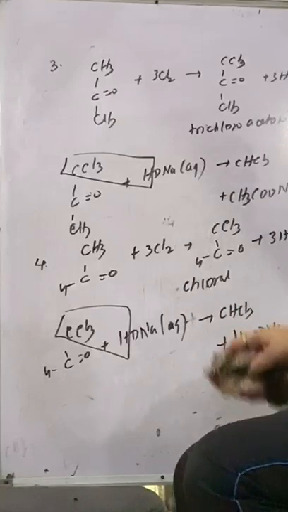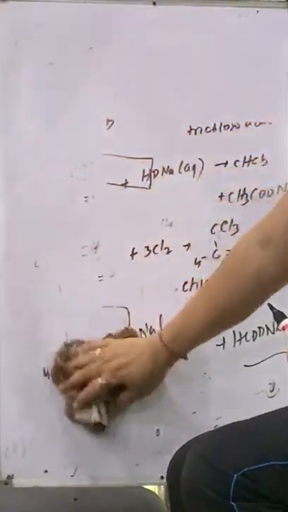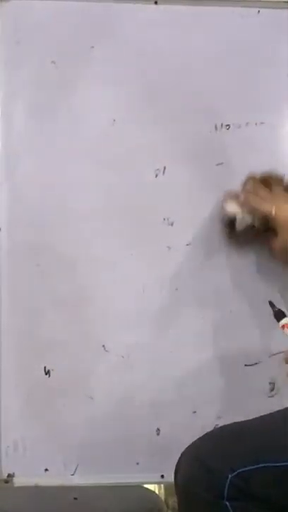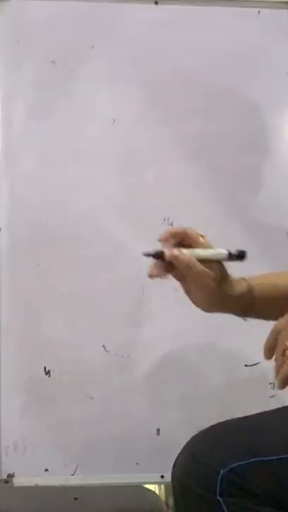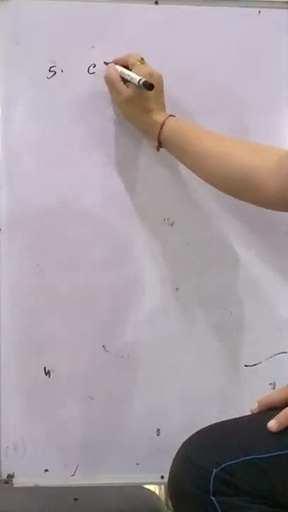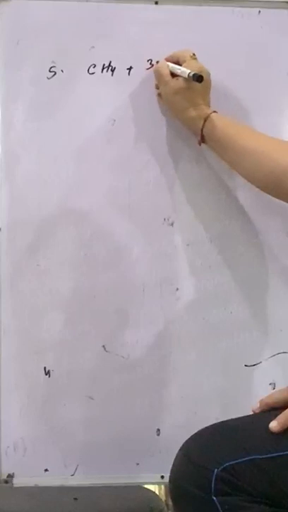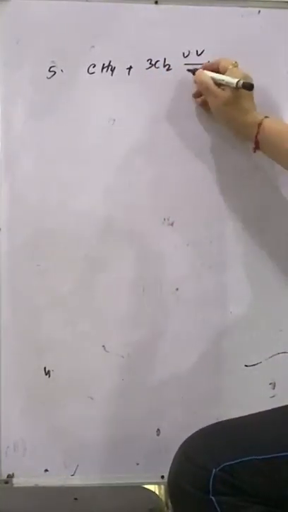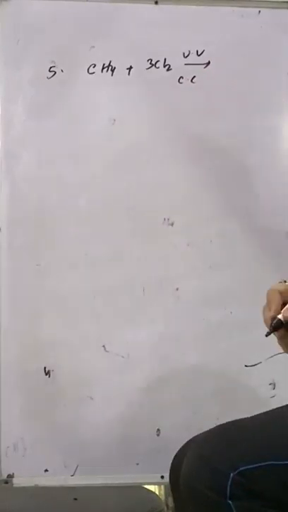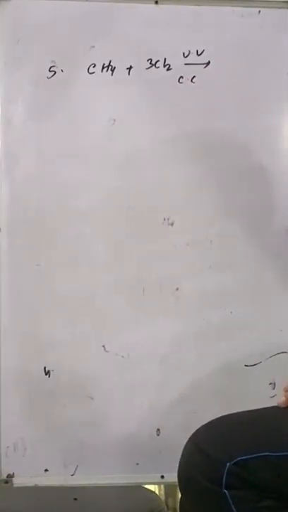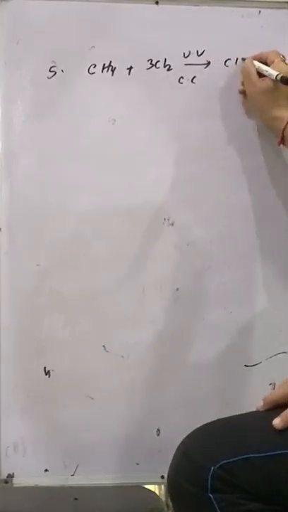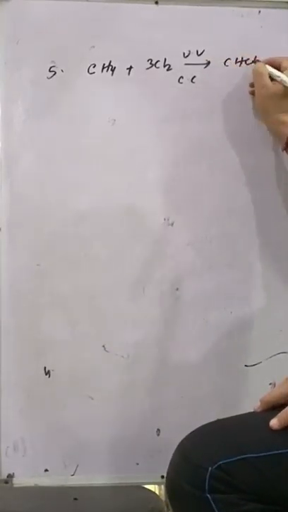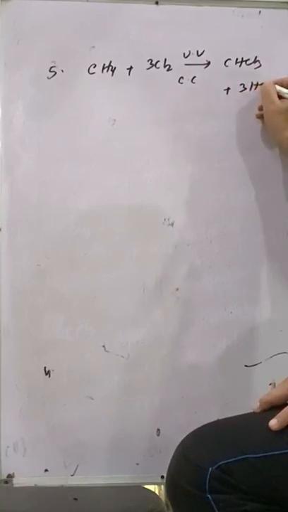Similarly, the last two methods, the fifth and sixth. The fifth method is CH4 plus 3Cl2 in UV sunlight, controlled chlorination. You know it very well from 11th standard. This becomes CHCl3 plus 3HCl.